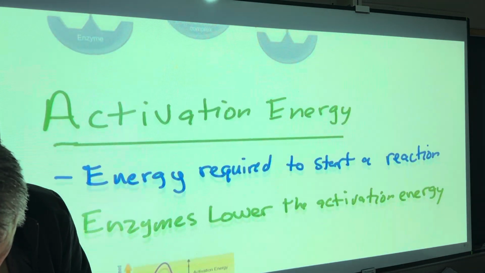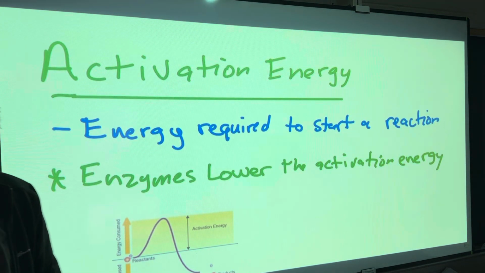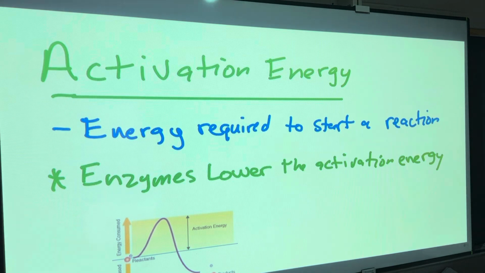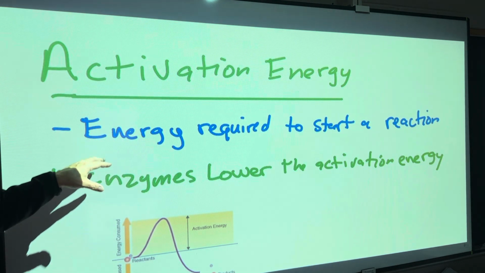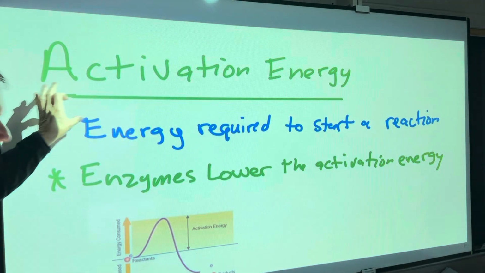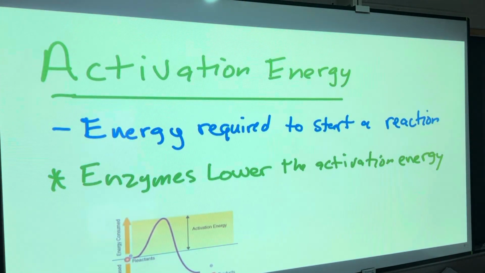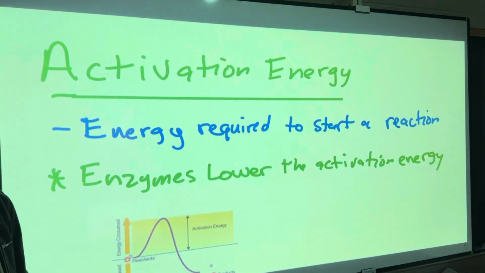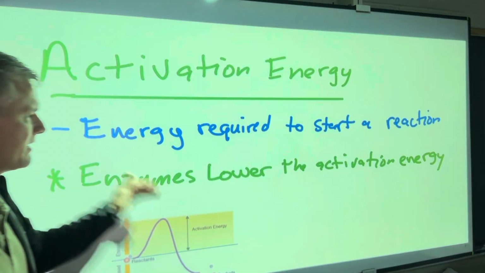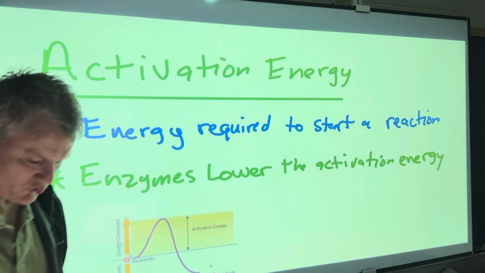Okay. Now we've talked about energy a lot. Energy is always required to start any reaction. Okay, so activation energy is needed to start a chemical reaction. Enzymes tend to lower the activation energy, so it doesn't need to be as high. That means it can happen sooner.